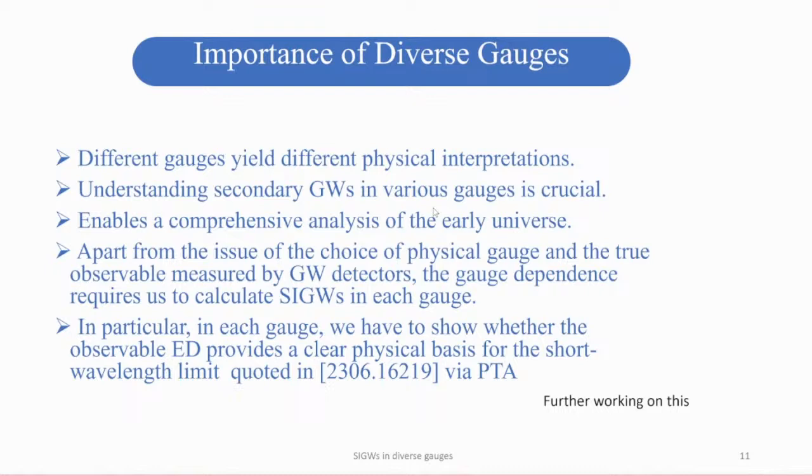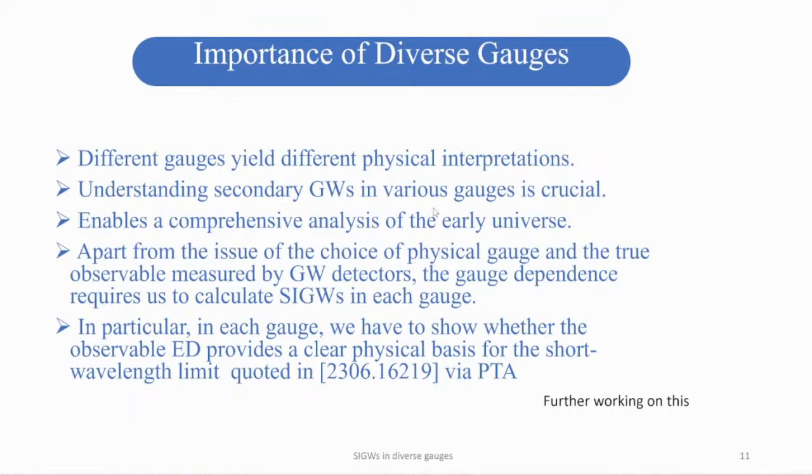Understanding the secondary gravitational waves in various gauges is crucial. In each gauge, this study basically enables comprehensive analysis of the early universe, so it is also crucial to discuss almost all the popular gauges. Apart from the issue of the choice of the physical gauge and the true observable measured by gravitational wave detectors, the gauge dependence requires us to calculate scalar-induced gravitational waves in each gauge.